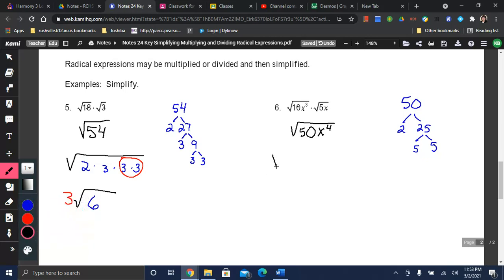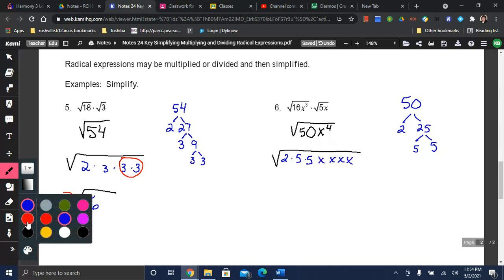5 times 5 is 25. So we'll write our big square root and then have 2 times 5 times 5. Then we have x to the fourth. So 4 x's. We'll circle pairs. So we have these pairs of x's as well as the 5s.